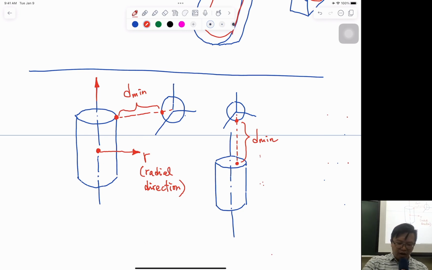I think I used L. Let me check my PowerPoint. I use L, yes. Okay, so this is L, and basically this is the axial direction.